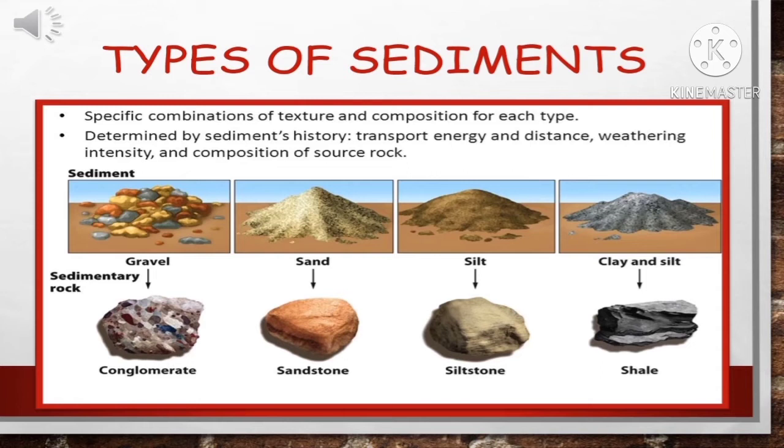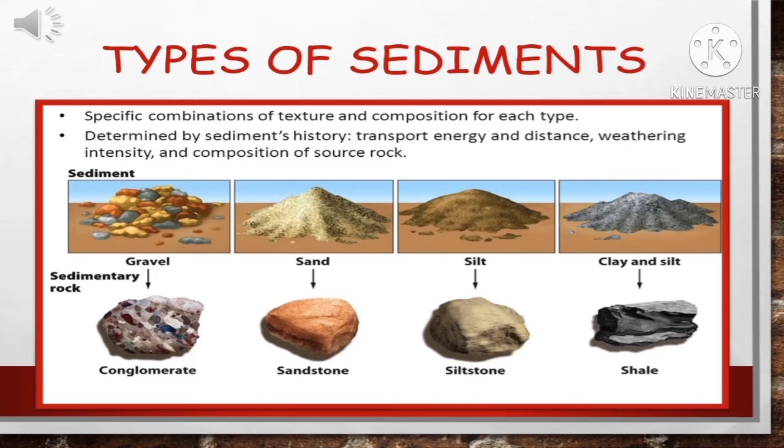There is a specific combination of texture and composition for each type, determined by sediment's history, transport energy and distance, weathering intensity, and composition of source rock. So the types of sediments mentioned here are the gravel, sand, silt, and clay.